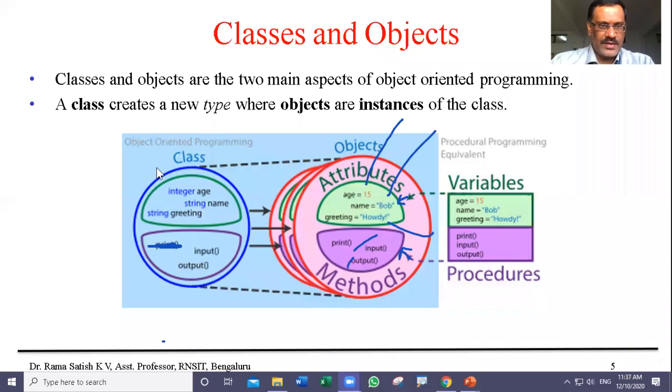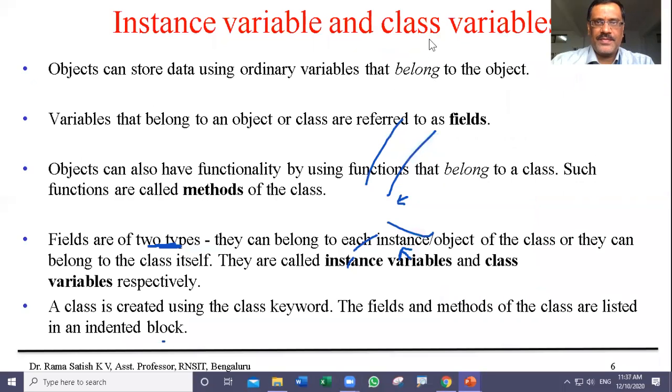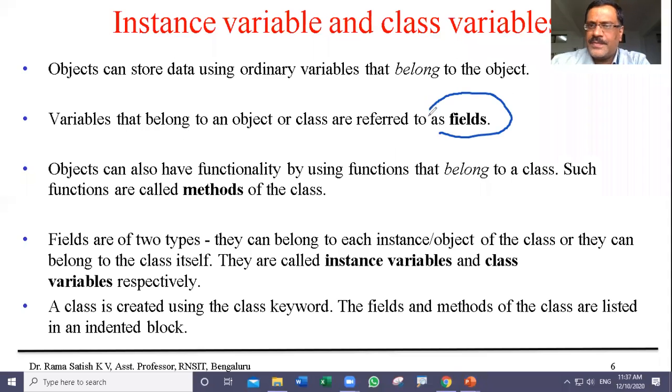Let me take one more example. Anyhow, these concepts you'll be knowing already. Objects can store data using ordinary variables that belong to the object. A variable that belongs to an object or class is referred to as a field.